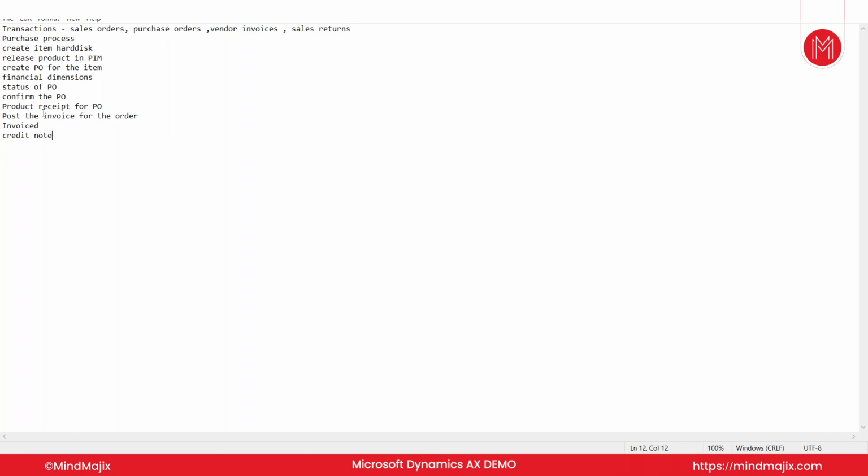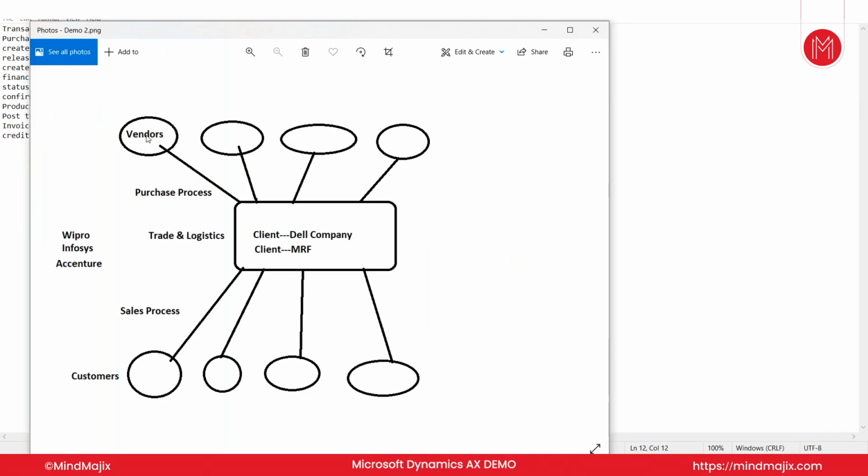Next, we buy a product from vendors and deliver it to customers. Buying from one of the vendors is called the purchase process, and delivering to customers is called the sales process.